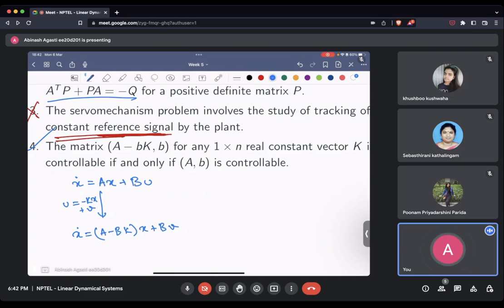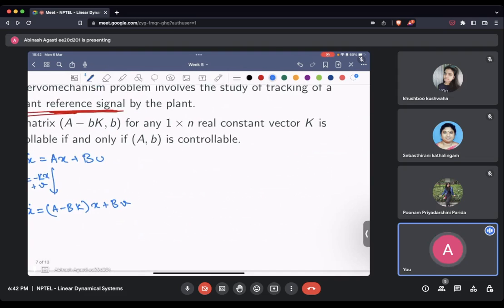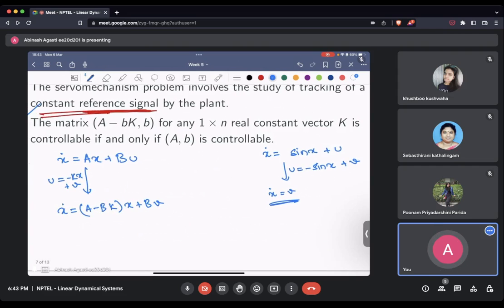So a small example of feedback control in nonlinear systems, I'll just give a small one. So let's say I have x dot equal to sin x plus u. What I can do is I can just take u equal to minus sin x plus some v. So that will just give me x dot equal to v. Now this is a single integrator system. So if I can get the system of this form, then essentially I can give any control input and I can control the state as I desire without a lot of issues.